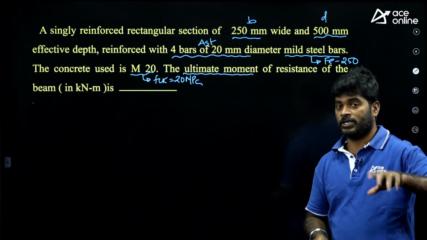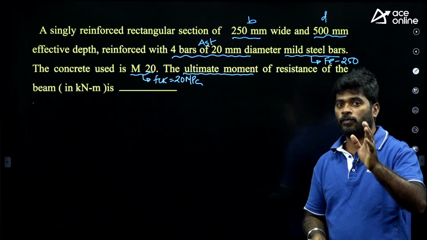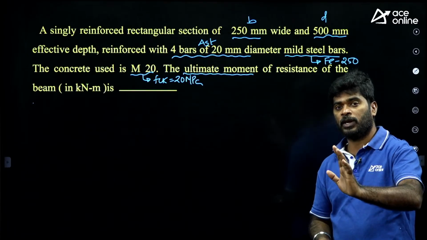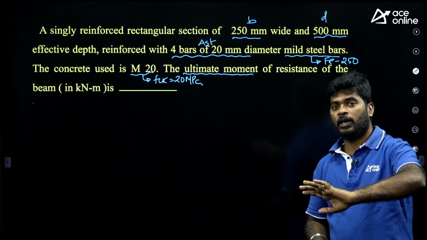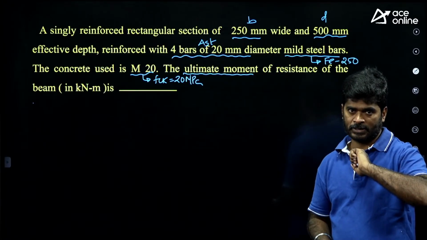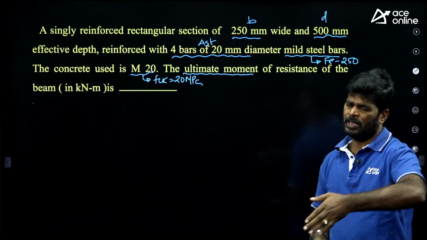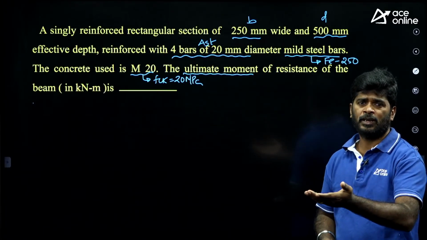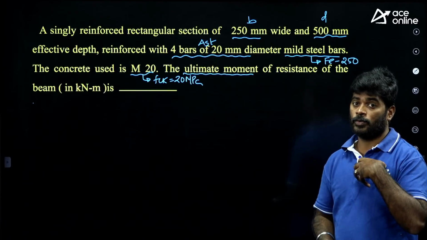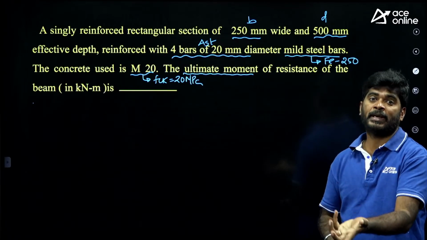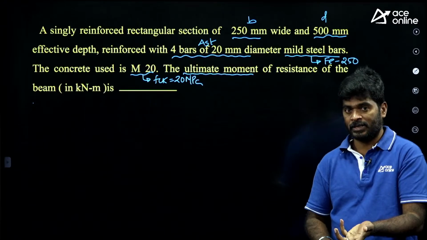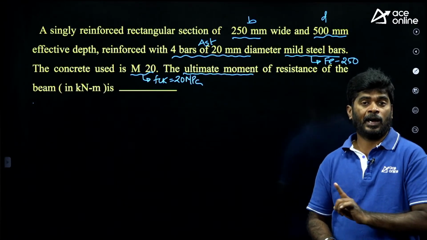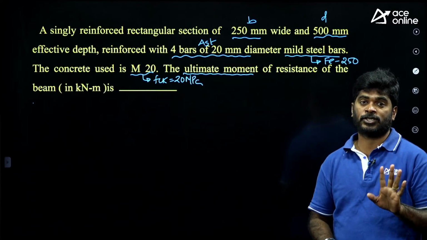To decide the type of section, we will compare actual neutral axis depth and limiting depth of neutral axis. Another way is pt and pt limit. But to find out moment of resistance, we need either Xu or Xu max. That's why I am going to compare Xu and Xu max.